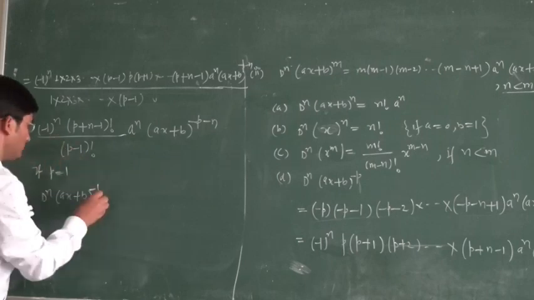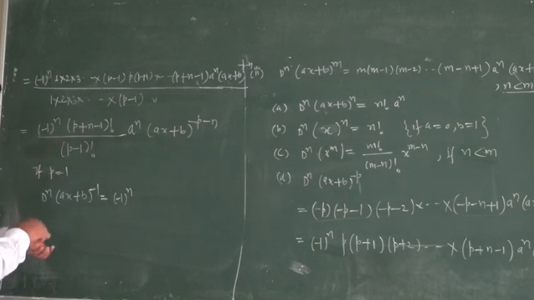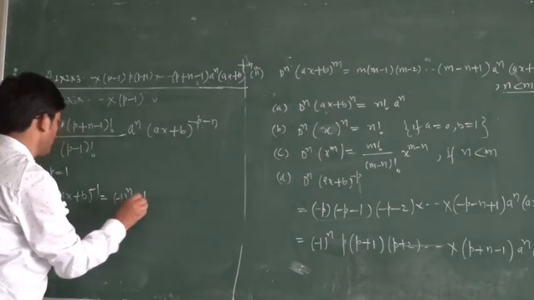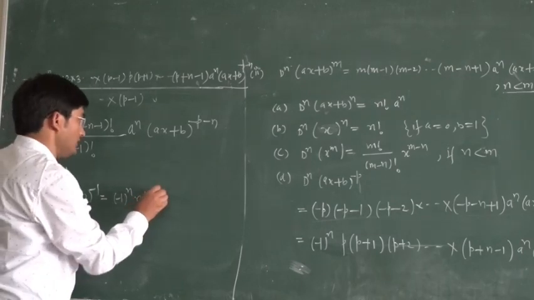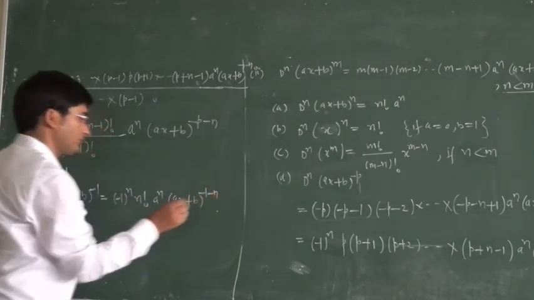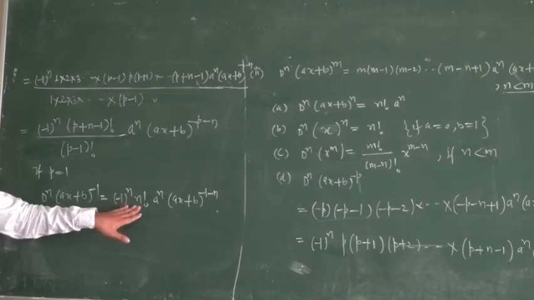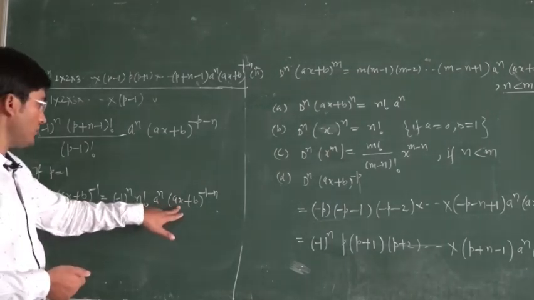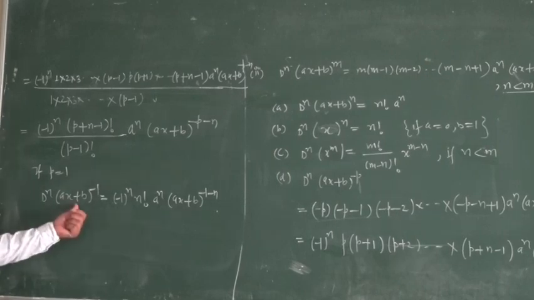And now using this, we will have minus 1 to power n. Your p is 1, so this will be factorial n, and factorial 0, a power n into (ax plus b) power (minus 1 minus n). So this is the nth derivative of (ax plus b) power minus 1, which is minus 1 to power n factorial n into a power n into (ax plus b) power (minus 1 minus n).